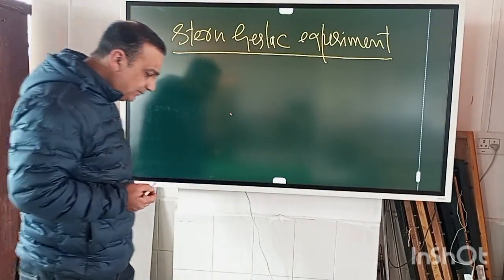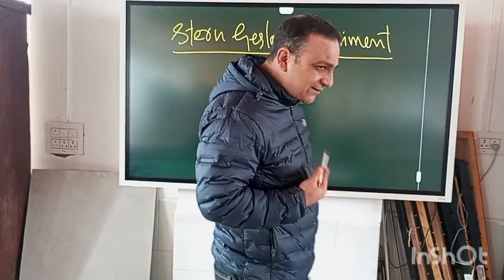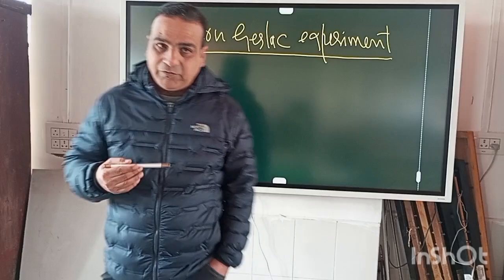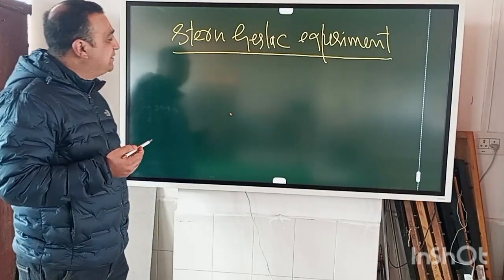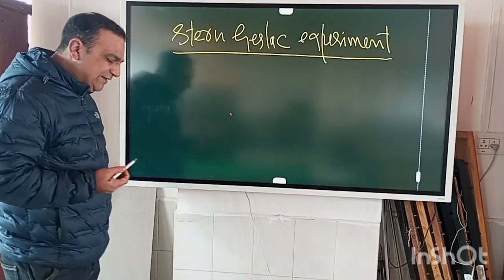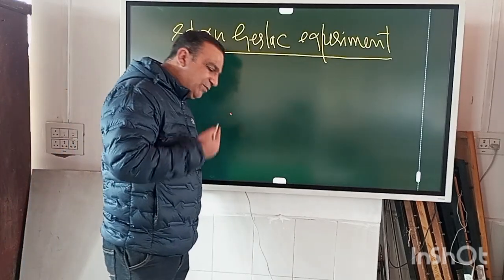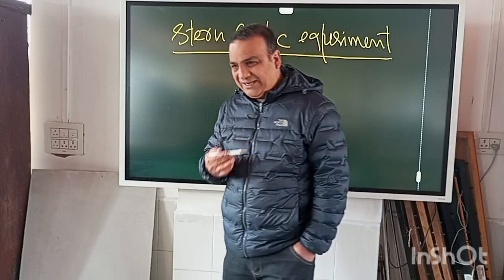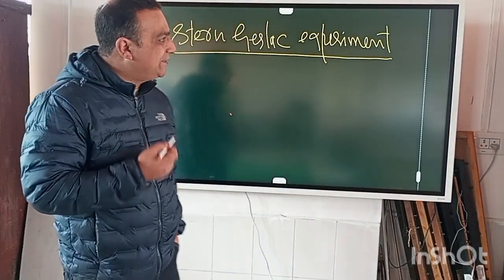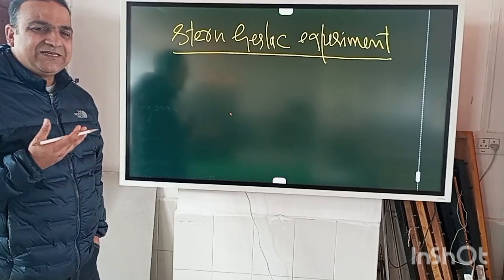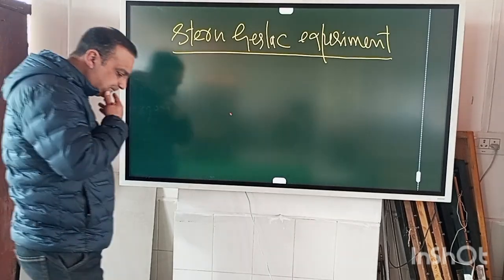So, in fact, this experiment does not directly lead to the confirmation of the existence of spin of an electron, but the same experiment could be taken on to understand the existence of intrinsic spin of an electron.